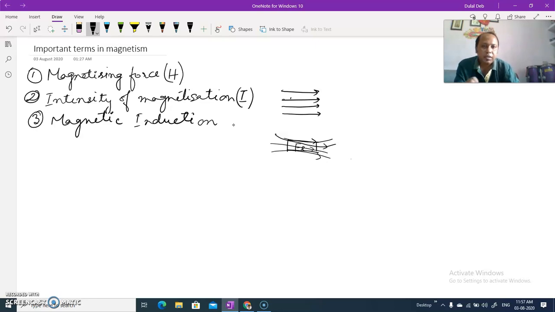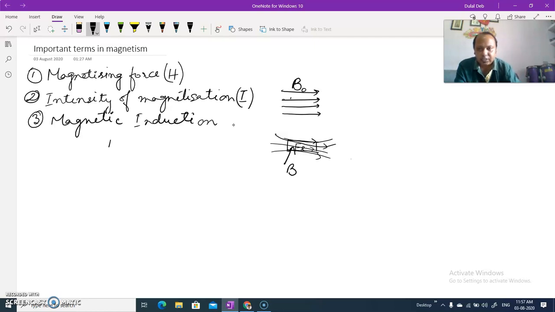Suppose the initial applied magnetic field is given by B naught, and now after placing a magnetic material, naturally the magnetic lines of force have come closer to each other. Now at this point the magnetic field, let it be given by B, and this phenomenon of change of the magnetic field to B is known as magnetic induction.